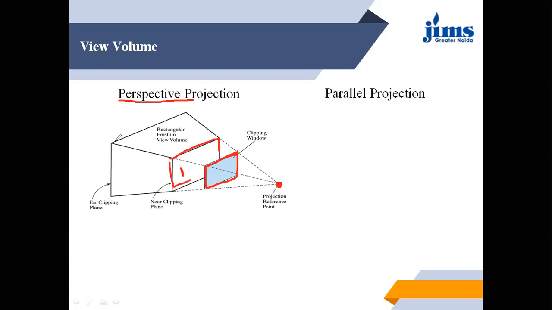This is the second image of this, which is also called far end clipping. The space between these two is called the volume.